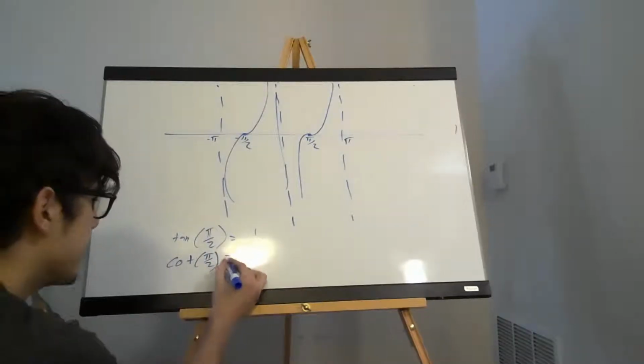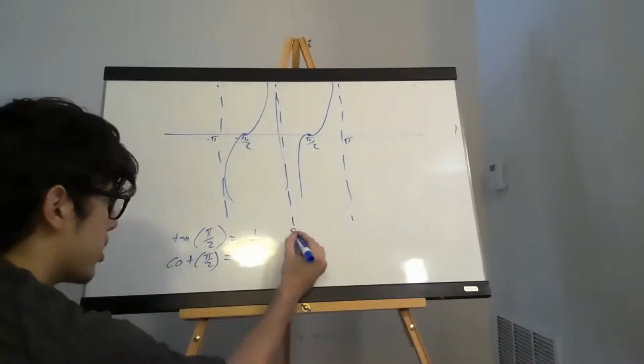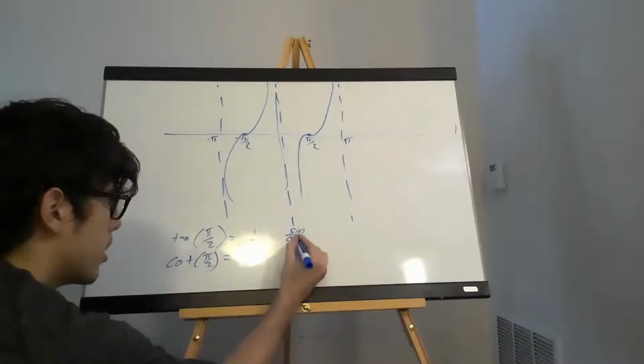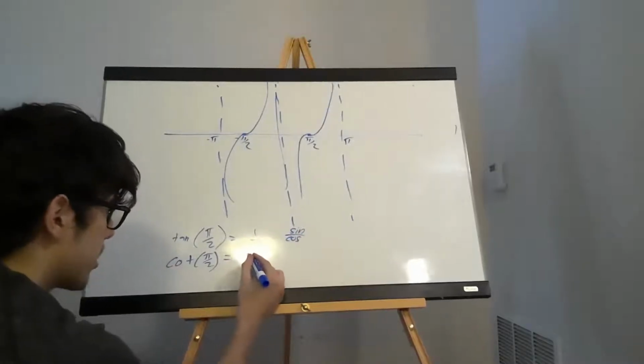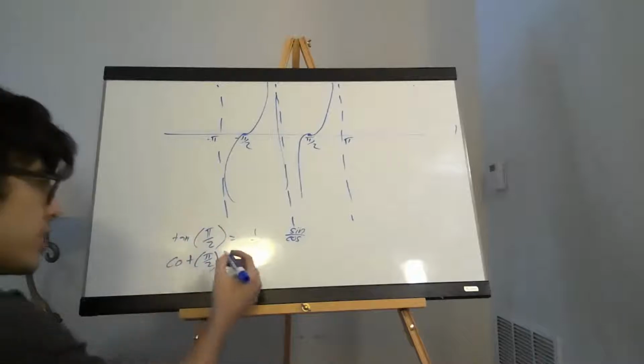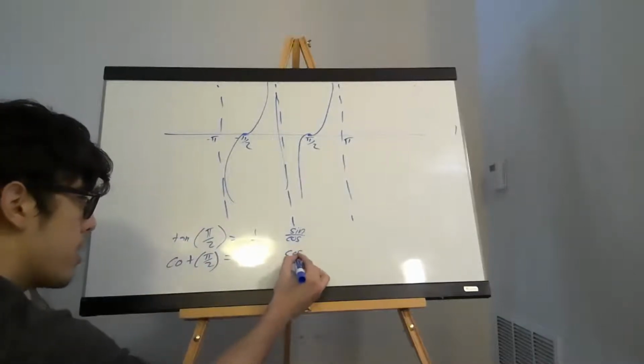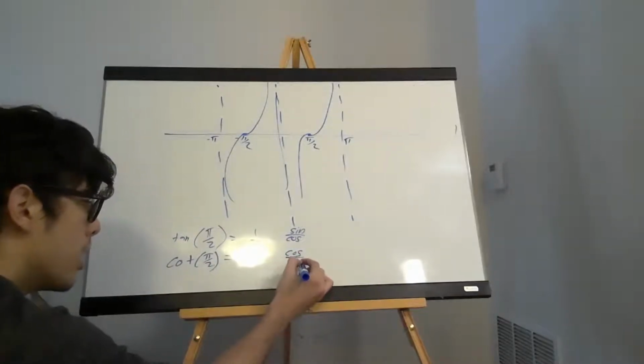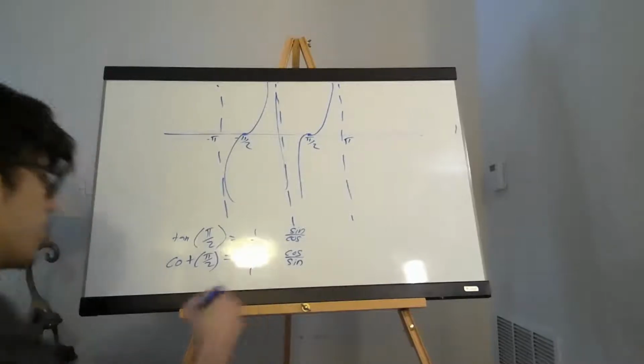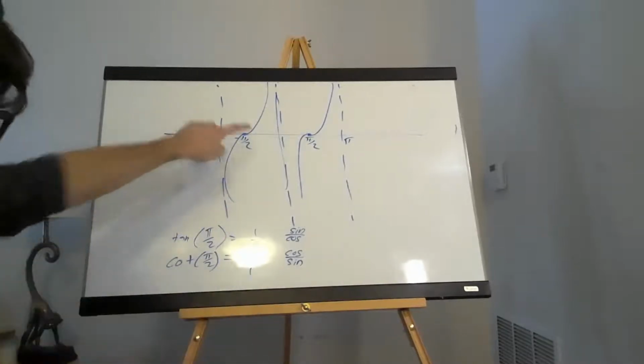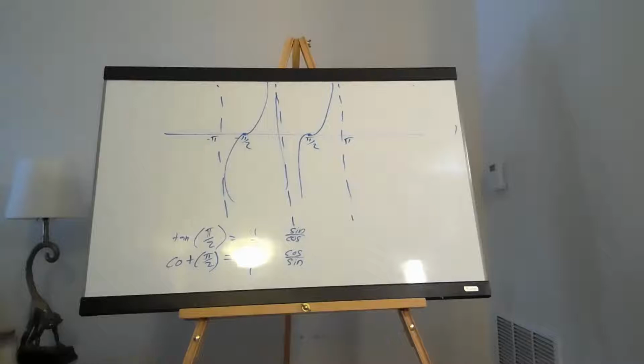So this is just some basic trig rules right here. We know that tan is sine over cosine, right? So then we know that this cotangent is the inverse of tangent, so it's going to be cosine over sine, and that's going to give us 0 over 1, which is why we are allowed to start there, because 0 divided by 1 is just simply 0.